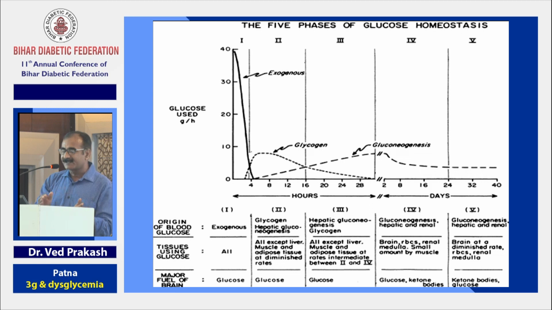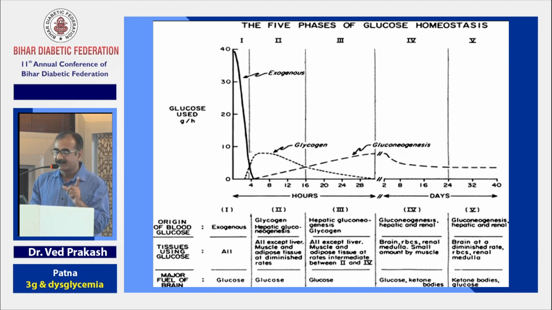After 16 hours, gluconeogenesis takes over as the main supply of glucose, from 16 to 28 hours and beyond 28 hours, up to 2 to 40 days. Gluconeogenesis is the main source of glucose in the human body.